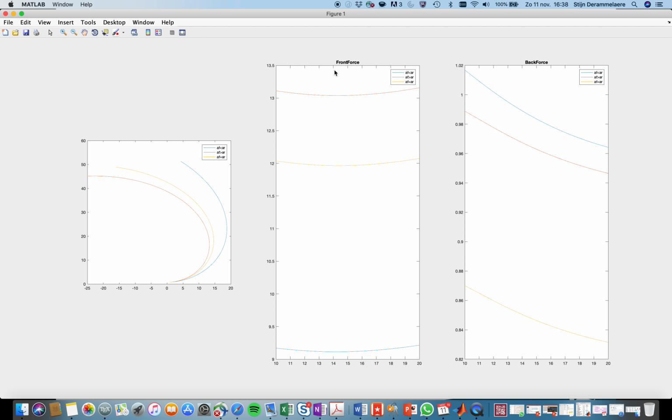A too large front force is causing this oversteering situation, which has to be avoided at all cost by constructing a car where the center of gravity is not towards the back of the car, but better is a balanced system or an understeer situation which is not unstable, where the center of gravity is towards the front of the car.